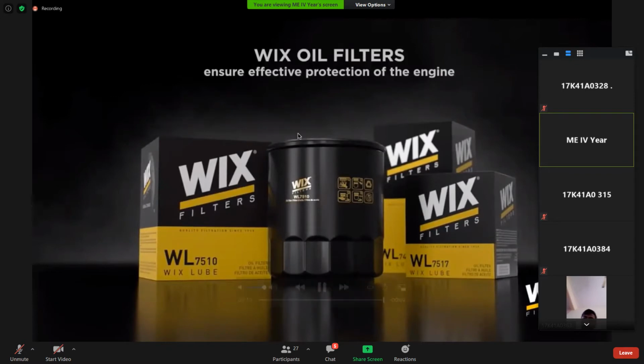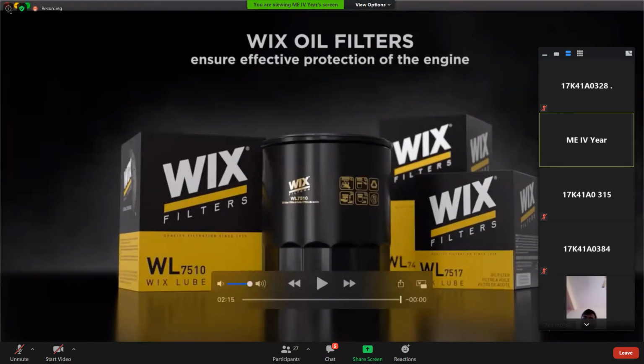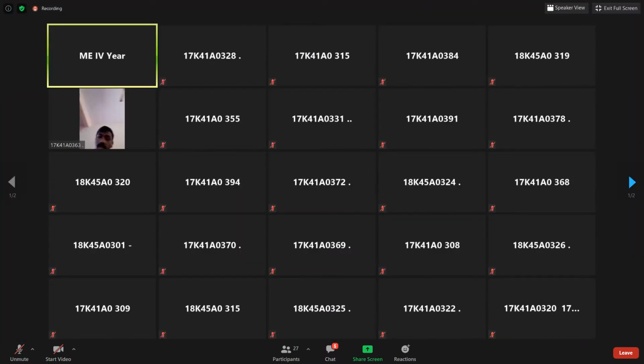So this is a case study you have seen here for a Wix oil filter, some companies there. So how this cartridge type of filter is working, I hope it is clear to you.